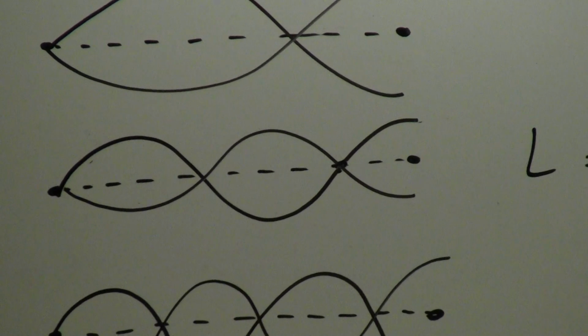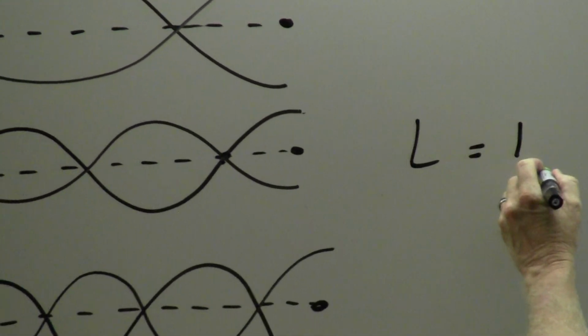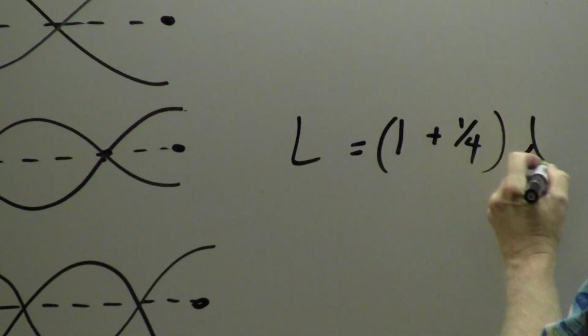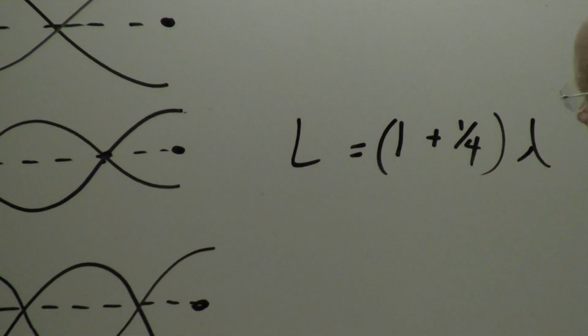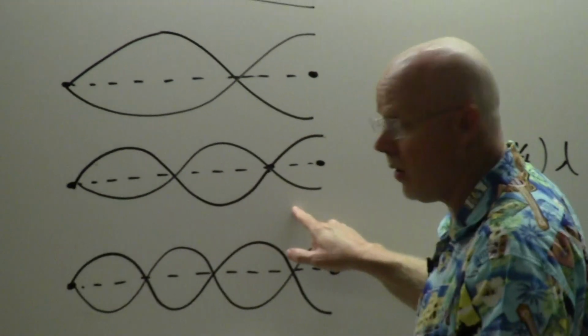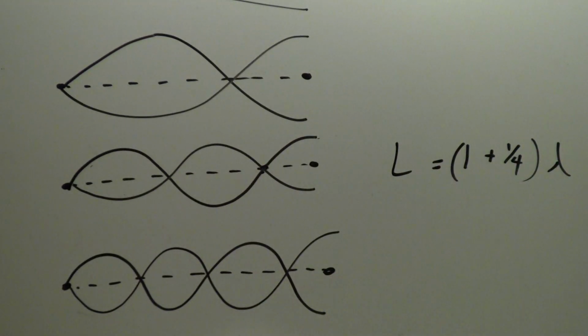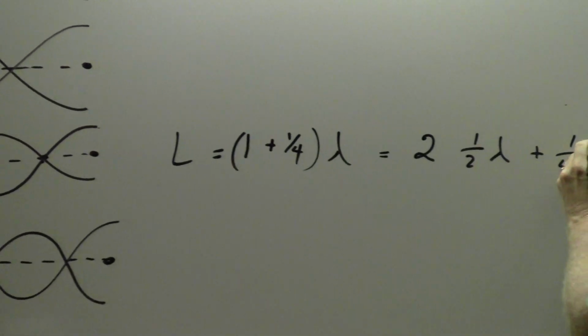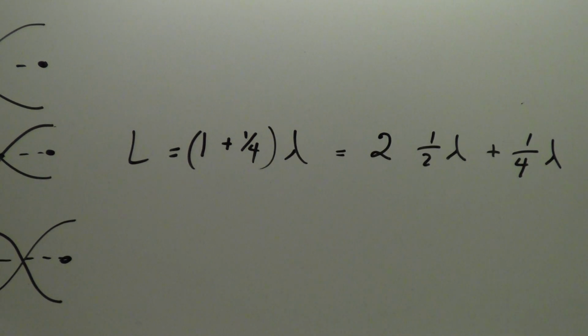So I guess this would be 1 and a quarter of a wavelength. But so I can see the pattern, maybe I should write it this way. It's a half, and a quarter. In other words, it's 2 half wavelengths and a quarter of a wavelength.